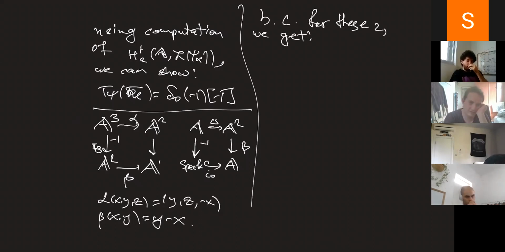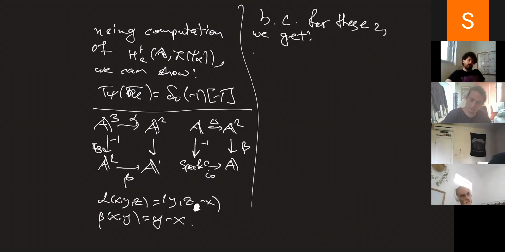It seems like alpha has too many entries. Oh, sorry, yeah, thanks. This should be z minus x, no comma. Thank you. Okay, and you can check that both of these diagrams are commutative and even Cartesian, so we have a base change formula.